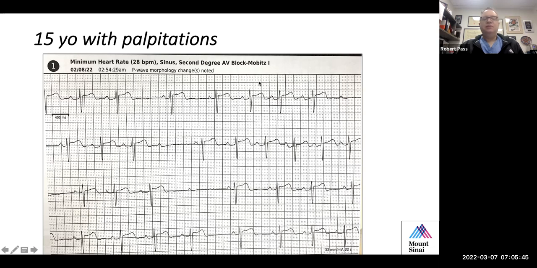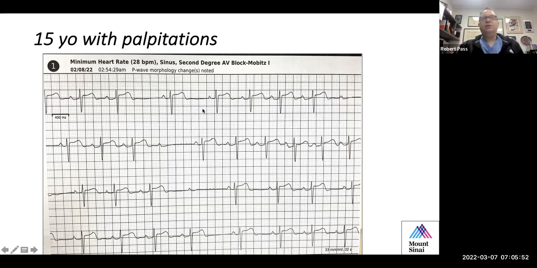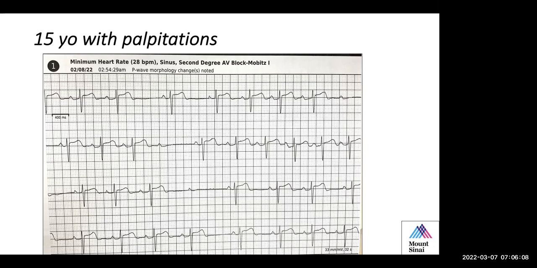Since you brought up the term second degree, there are three types of second degree block. Mobitz I is prolongation of the PR interval with a dropped beat. What's Mobitz II? With Mobitz II, you just have a dropped beat without a prolongation of the PR interval preceding it.